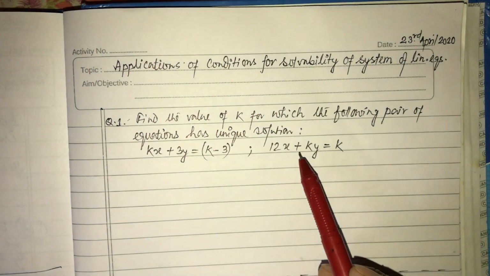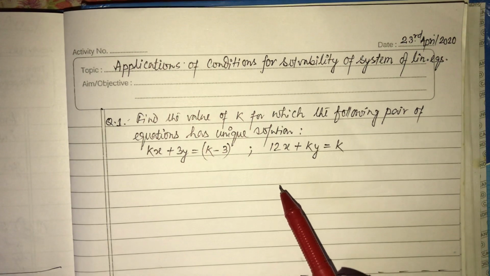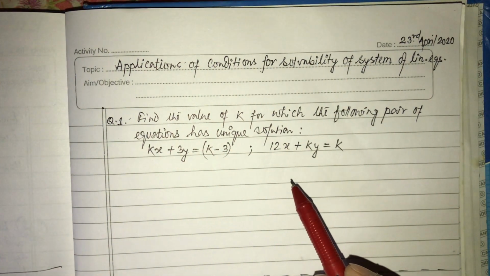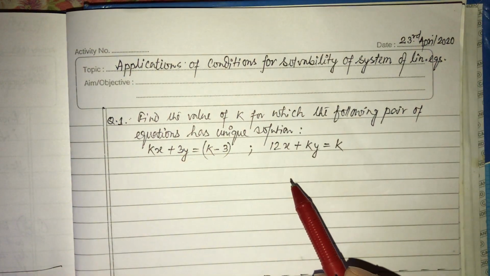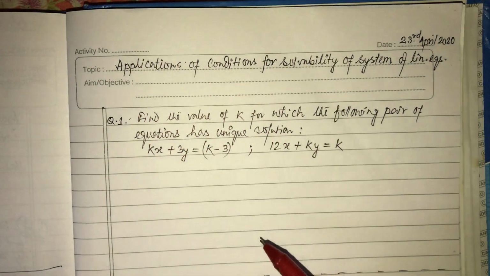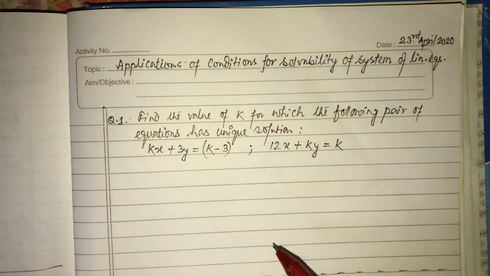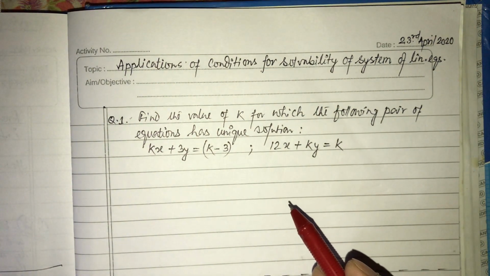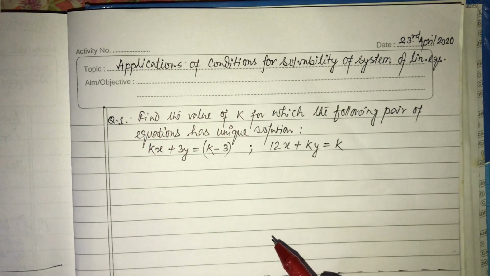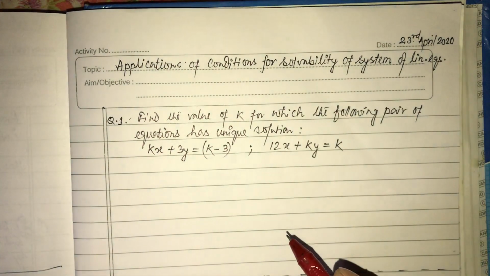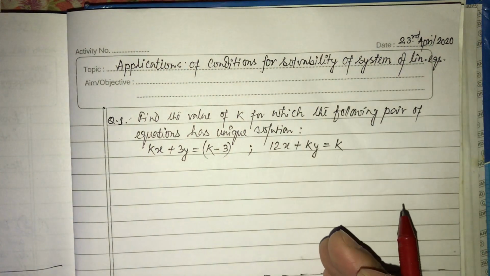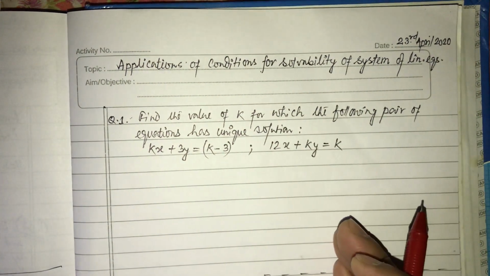Unique solution we call consistent and intersecting lines, no solution is inconsistent and parallel lines, and infinite many solutions is consistent again and coincident lines. We discussed that yesterday in our previous class.